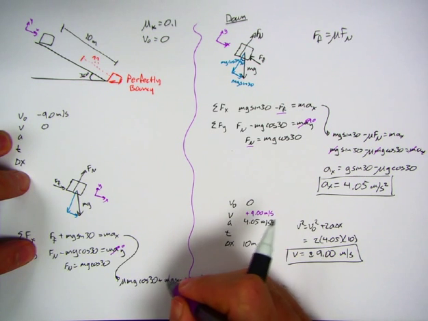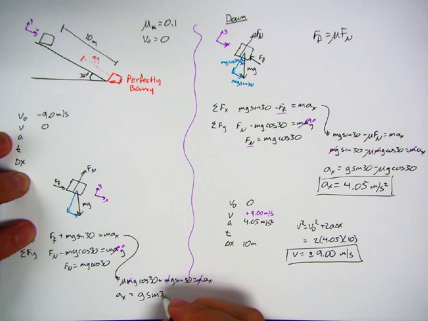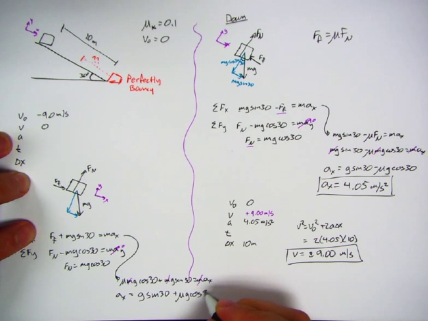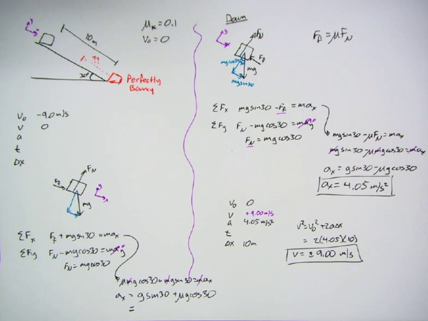All of my m's still go away, and I'm going to get the acceleration in the x direction is, this time, g sine 30 plus mu g cosine 30. So in this case, the acceleration is going to be, let's see, 9.8 sine 30 plus 0.1 times 9.8 times cosine 30.